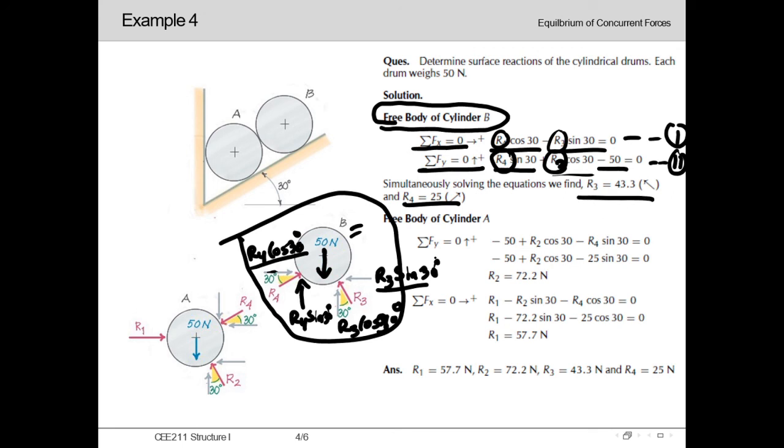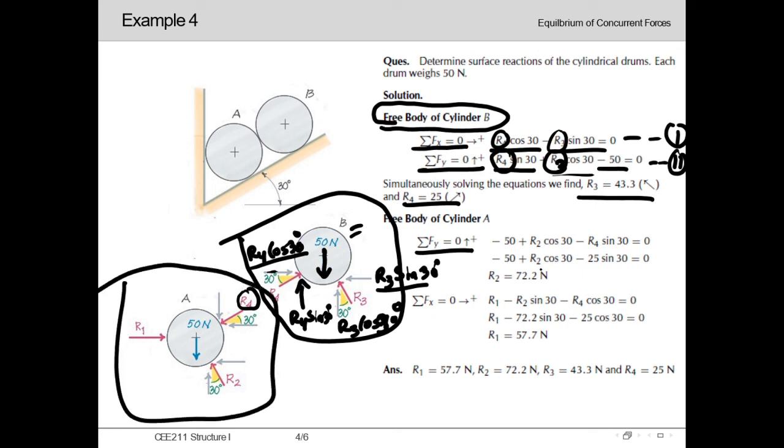Now we have already got the value of R4, so plugging the value of R4 over here and applying summation of Fy equal to 0 in free body diagram A, we can see 50 is acting downward, so minus 50. This one will be R2 cos 30, and this will be R2 sin 30 degrees. So R2 cos 30 is acting upward, so positive R2 cos 30.